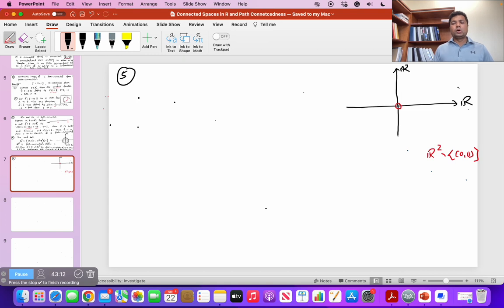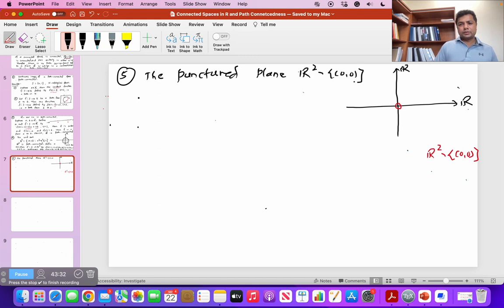That means you remove 0 from R2. The punctured plane, which is R2 minus (0, 0), is path connected.